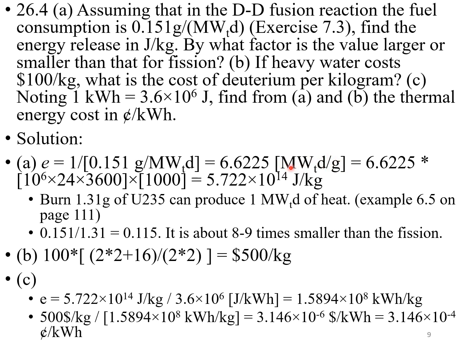Then we convert the megawatt day to joule and convert the gram to kilogram. For megawatt day, 1 megawatt is 10 to the 6 watt, times 24 times 3600 seconds. This is watt times seconds, so we can convert it to joule. Then gram to kilogram is a factor of 1000. Then we get this value, the amount of energy released in joule per kilogram.